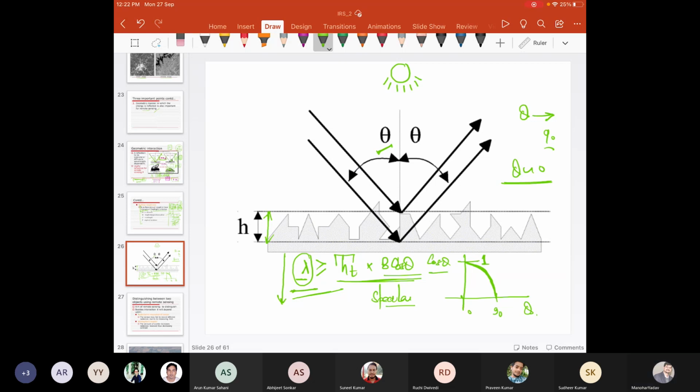But when you move towards a larger value of theta, it decreases. If it decreases, then this inequality will always be satisfied. And if you want to go for diffuse, you need to further decrease the wavelength.